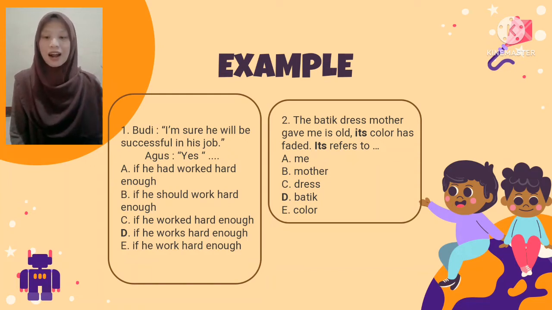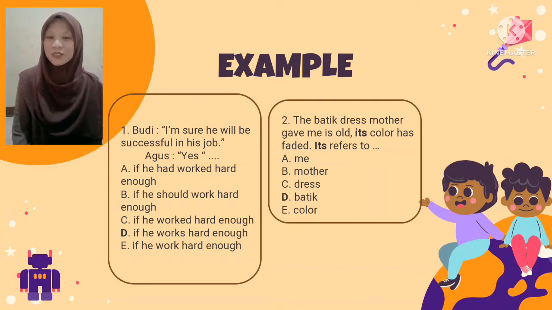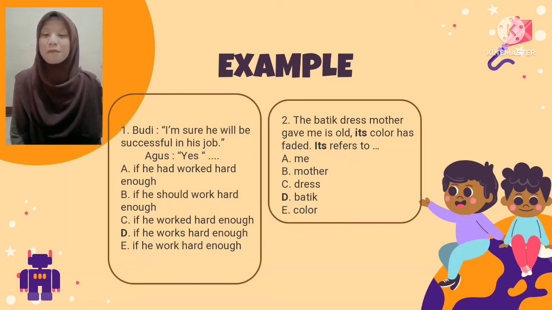Its color has faded. "It" refers to the choices: A, me; B, mother; C, dress; D, batik; E, color. You know the answer is? Yes, D, batik. "It" refers to batik in the sentence.